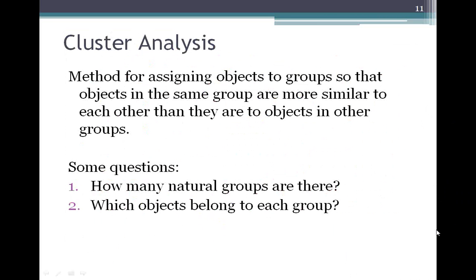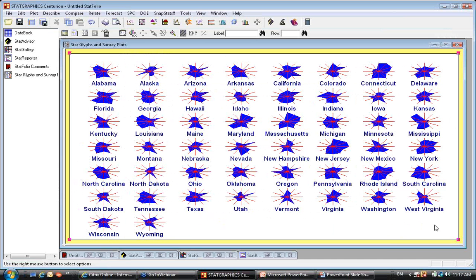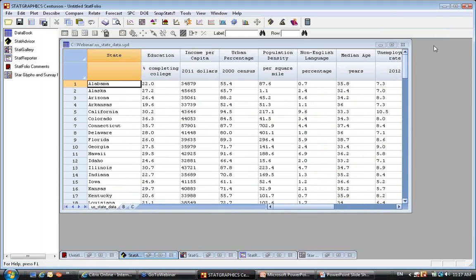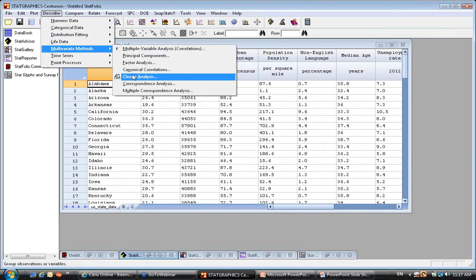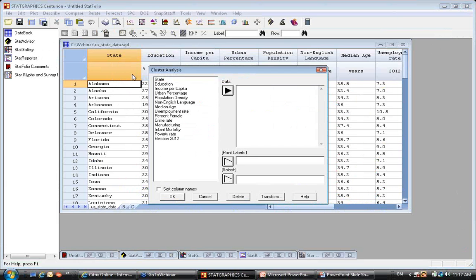Okay. Now, we're going to do this, again, by going back to Statgraphics. So let me go back to Statgraphics. Let's minimize the star glyphs for a moment. The place where you find the cluster analysis procedures is under Describe on the main menu. It's under Describe, Multivariate Methods, Cluster Analysis.